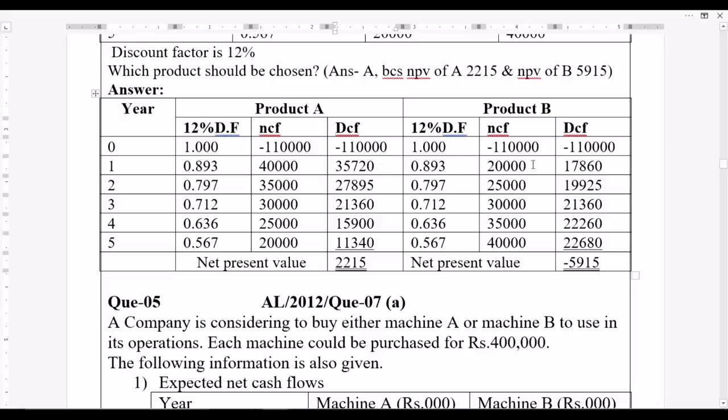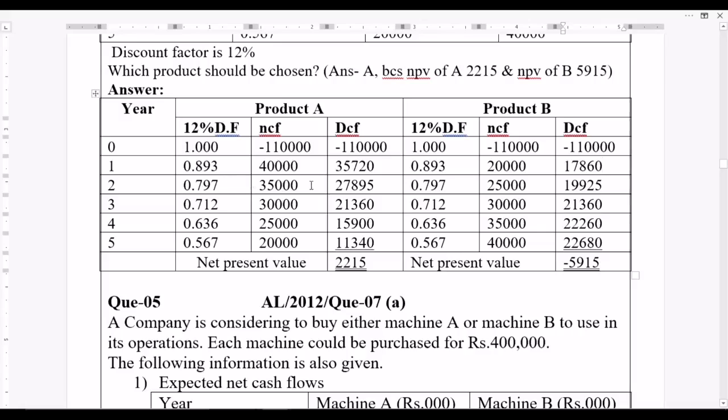In the first year, the cash inflow from product B is 20,000. So the net present value is multiplied by 0.893, which gives 17,860.